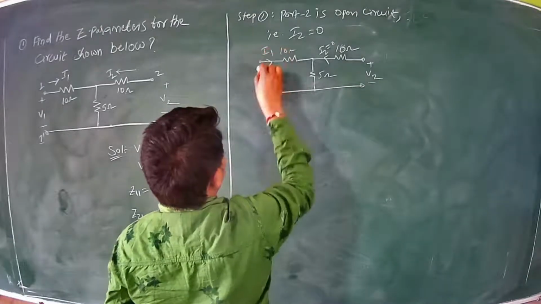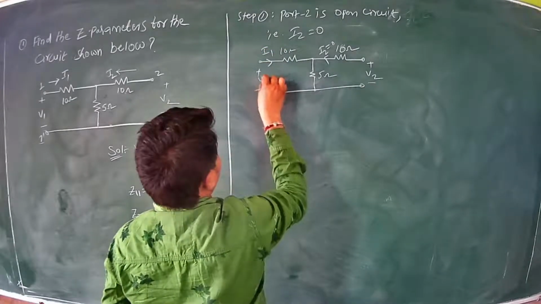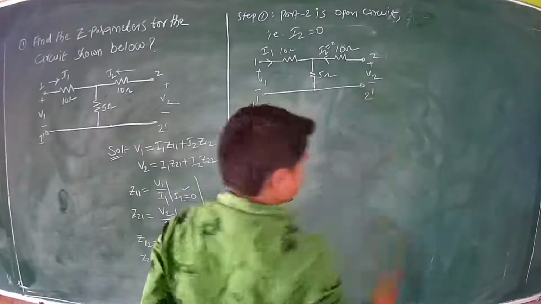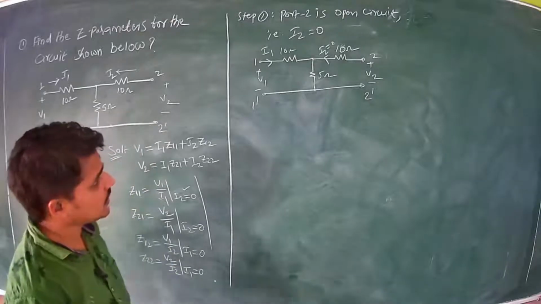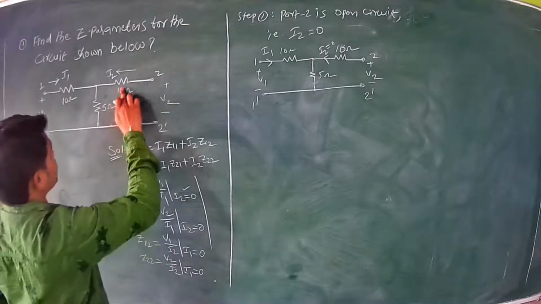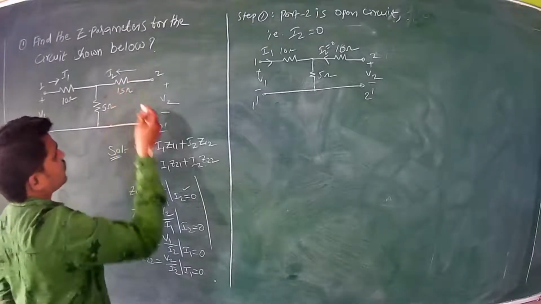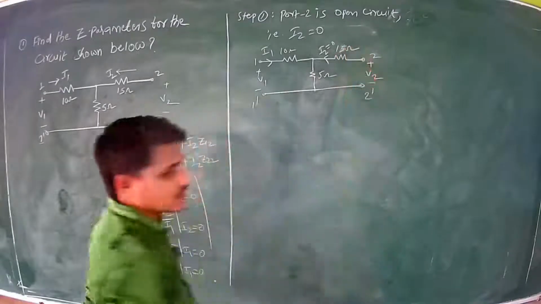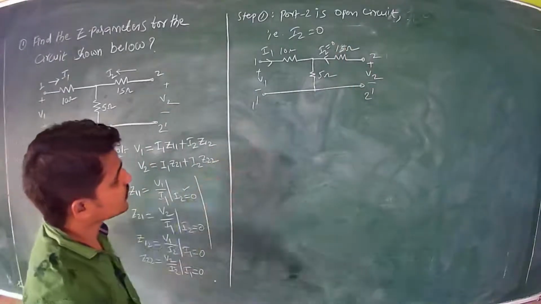Port 1 has current I1 and voltage V1. Let us say this is 15, I think. No problem, you change it. Now see.